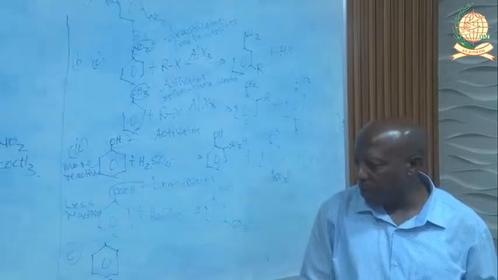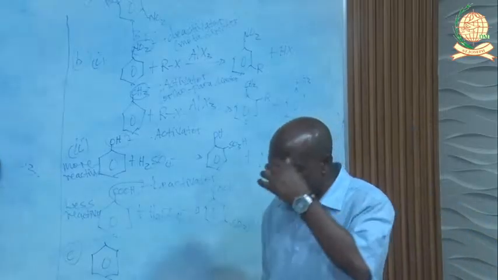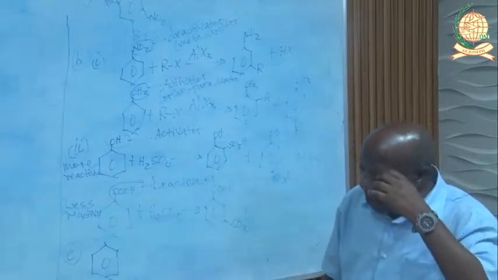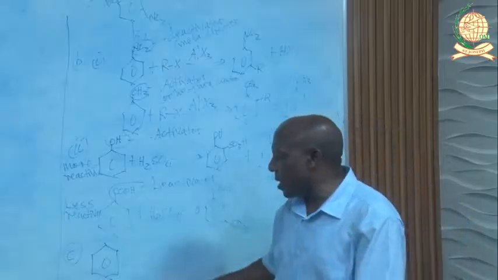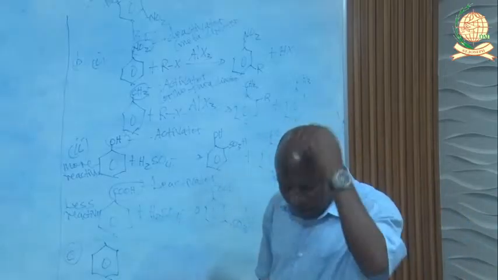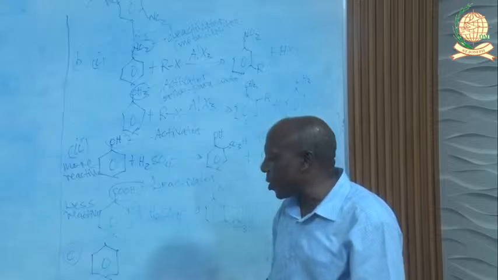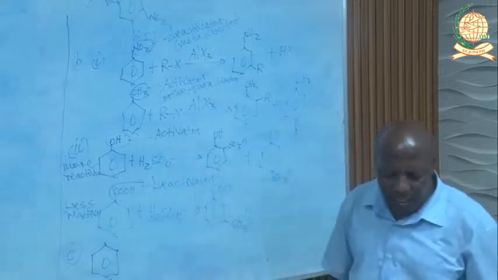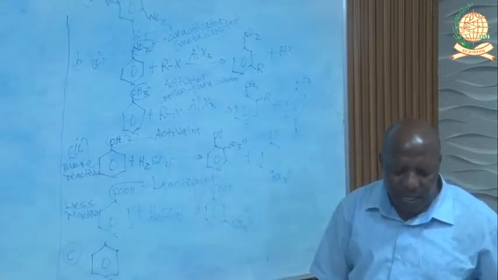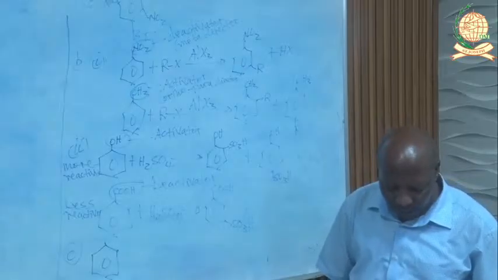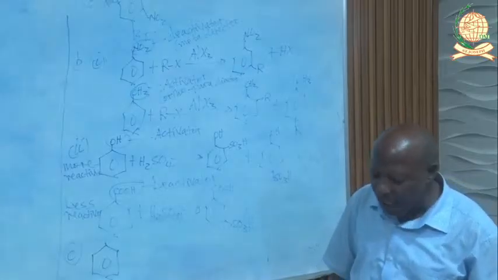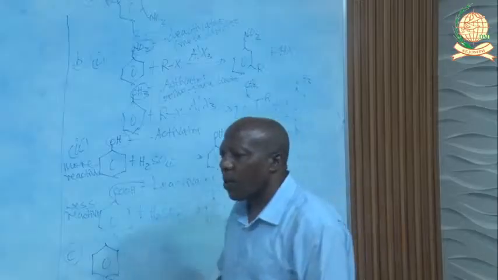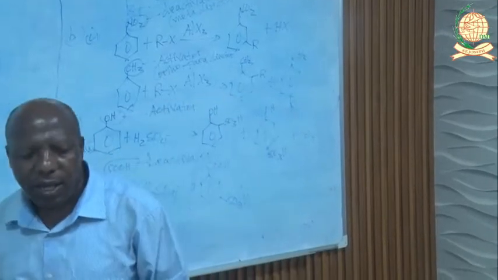Methyl benzene can be obtained by the reaction between benzene and methyl halide in the presence of a Lewis acid.